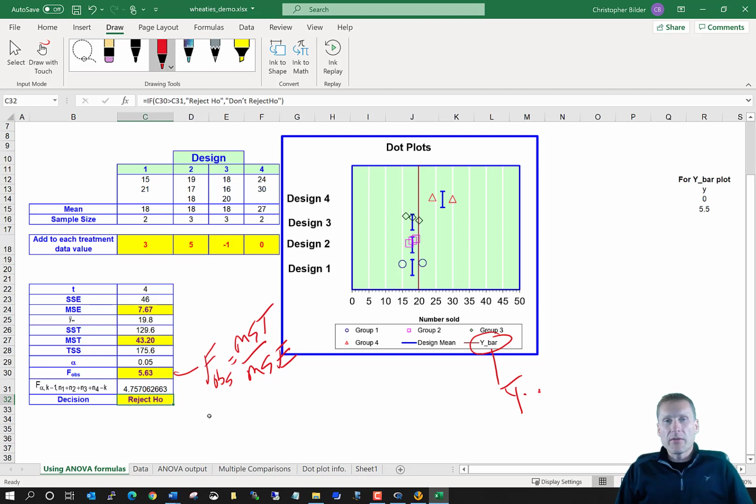So again, the purpose of this demonstration here was to help you see the relationship between MST, MSE, relative to this particular plot and relative to the decision that one would make. The more differences that we have amongst these sample means, the more likely we are going to say, indeed, the population means are different.